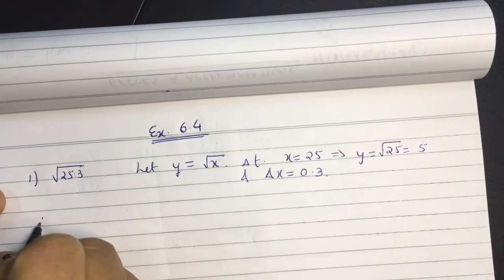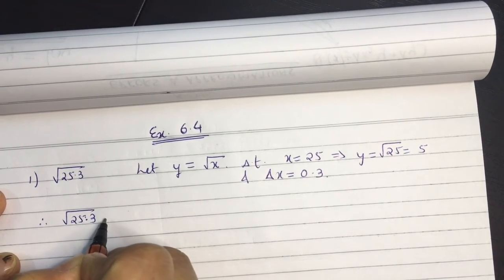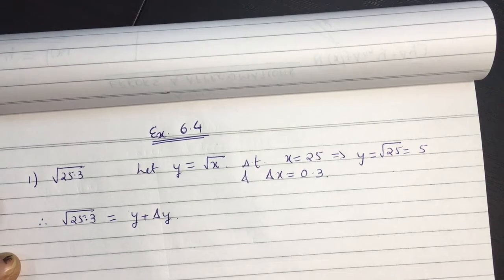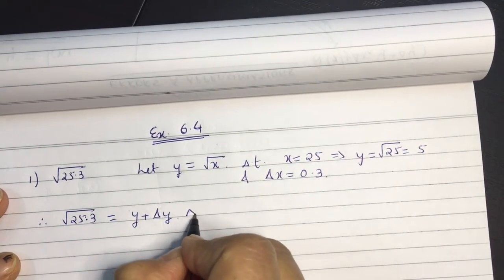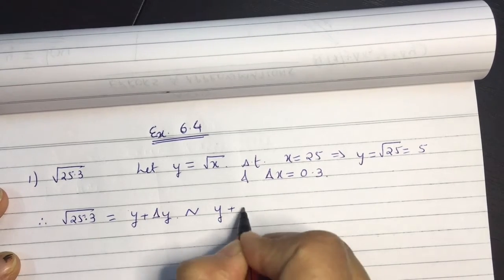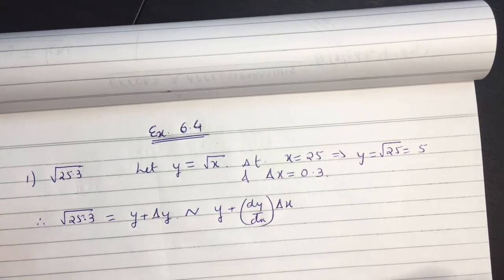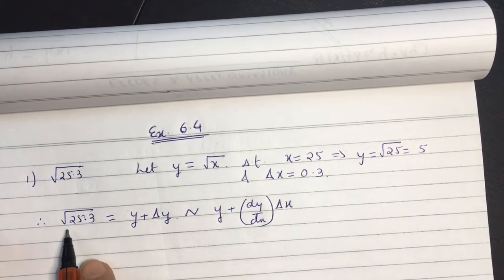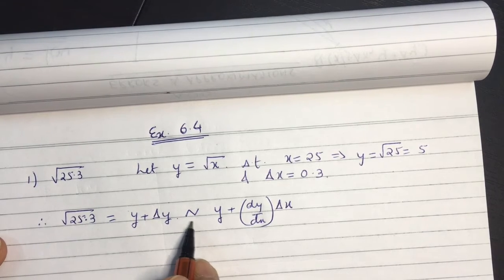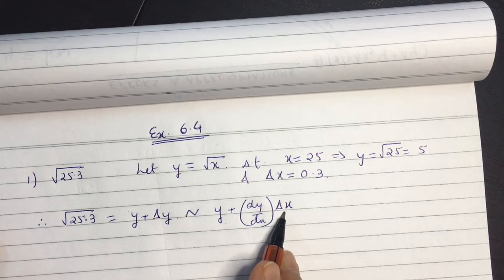So therefore square root of 25.3 is nothing but y plus delta y, but delta y is approximately equal to dy by dx into delta x, and so square root of 25.3 is equal to y plus delta y, which is approximately equal to y remains as it is plus dy by dx into delta x.